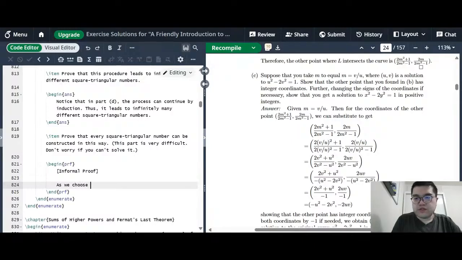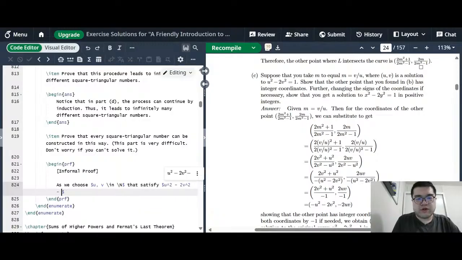As we choose u, v to be positive integers or natural numbers that satisfy the curve u squared minus 2v squared equals one.